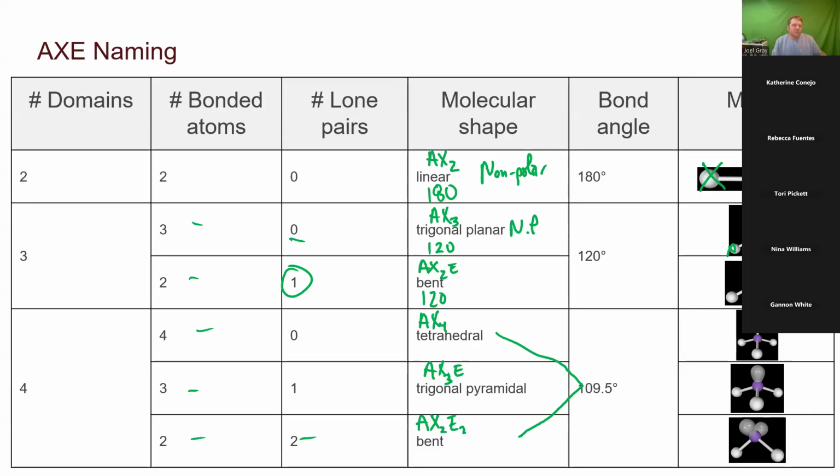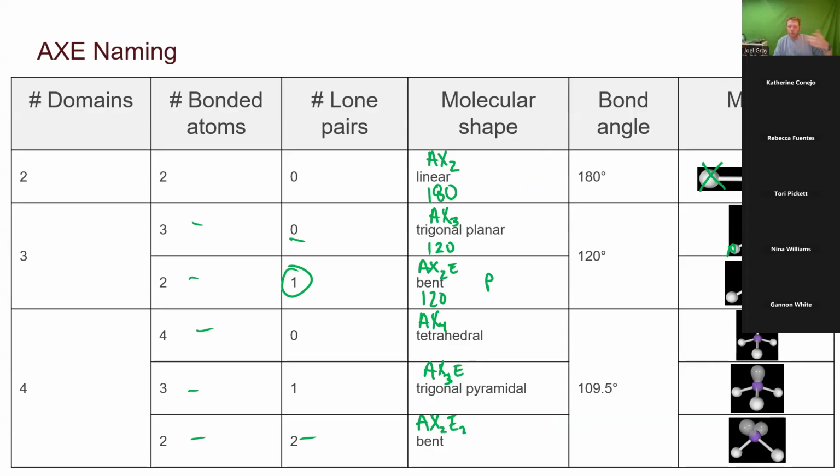When we look at AX2E, we know without a shadow of a doubt that this is going to make a polar compound. There are no exceptions to this because we have one lone pair of electrons. As soon as you put a lone pair of electrons on there, you know that that's going to make a polar compound. Sorry, I need to erase those two.